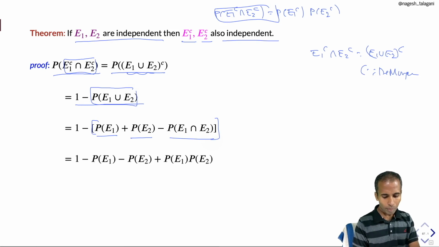Now, if you multiply the minus inside, also use the fact that E1, E2 are independent. So probability of E1 intersection E2 can be replaced with probability of E1 times probability of E2.